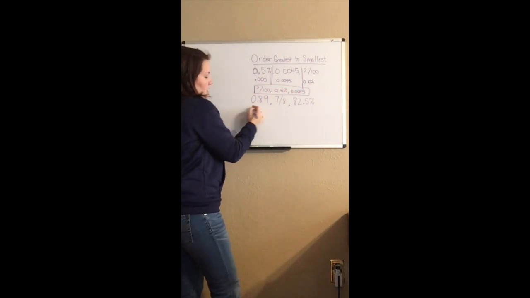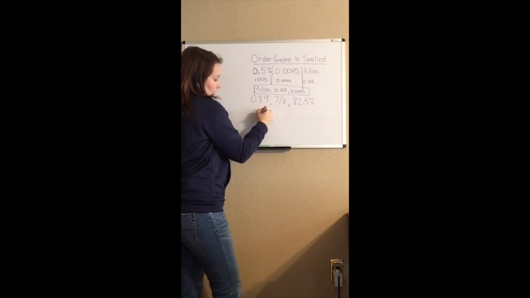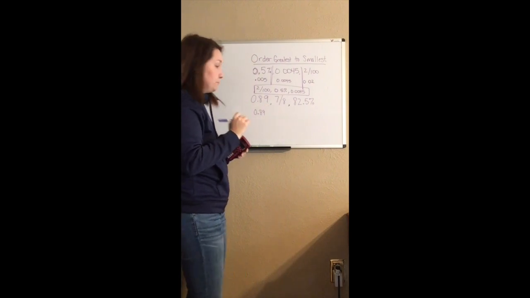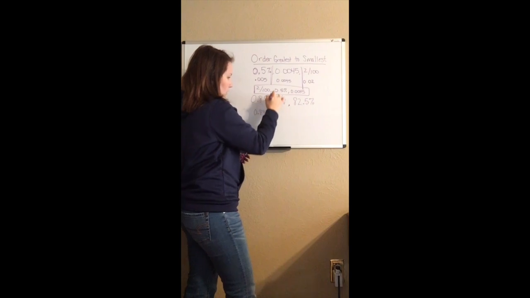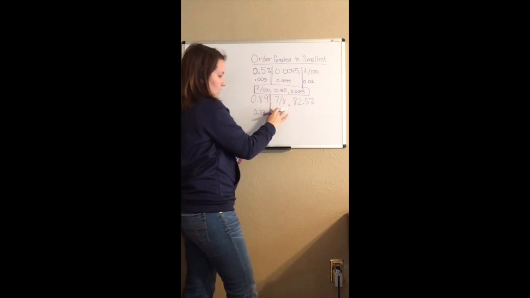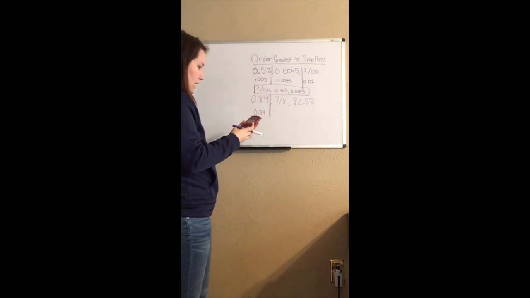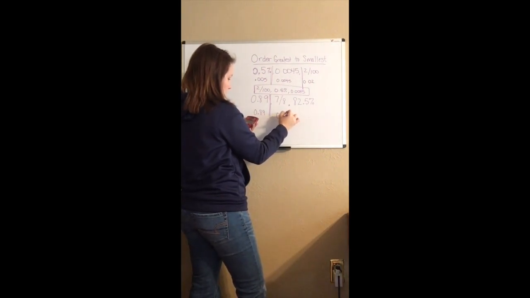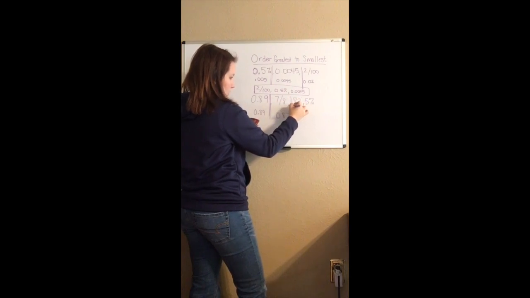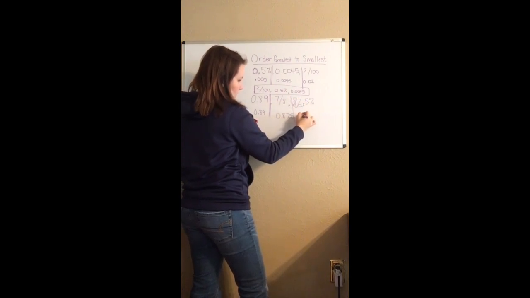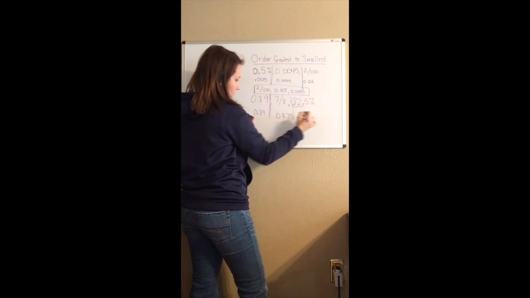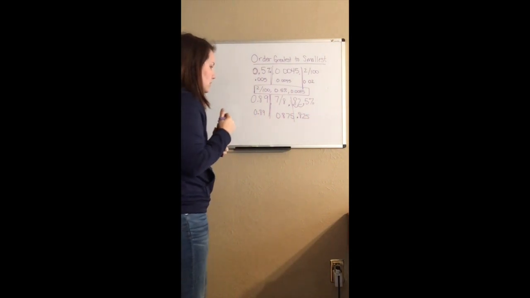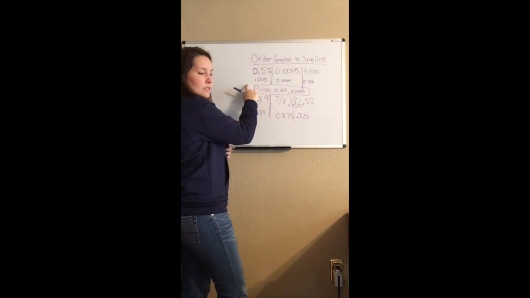Let's look at the next one. It starts out with our decimal, and we're just going to keep that decimal there. We don't want to do anything to it. And then we have 7/8. 7 divided by 8 gives us 0.875. And then this one goes 2 places to the left, 0.825. All right, looking at those, let's go the same way we did for the last one.